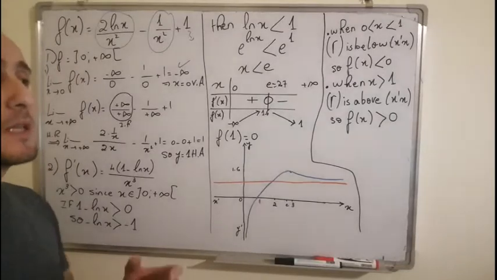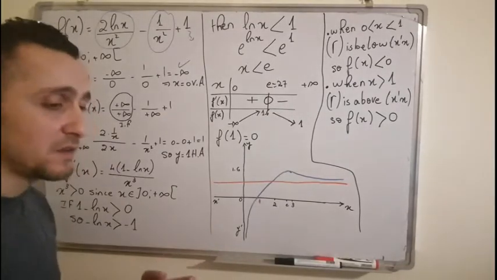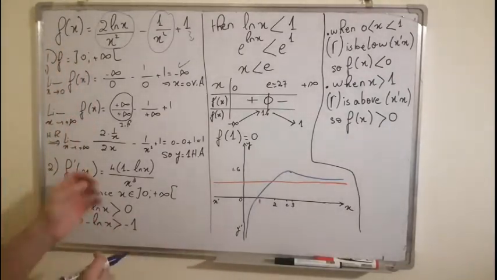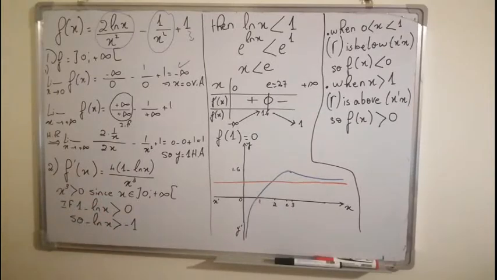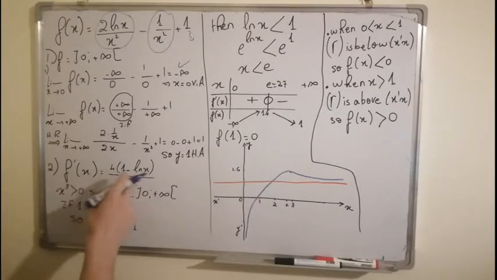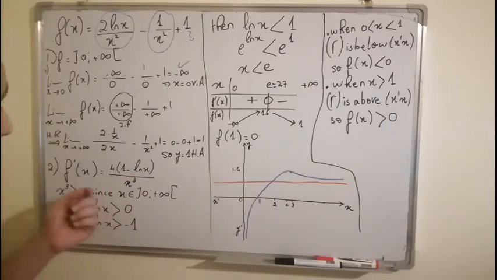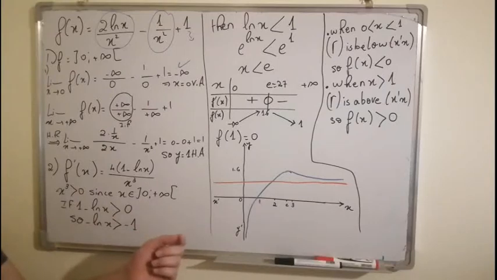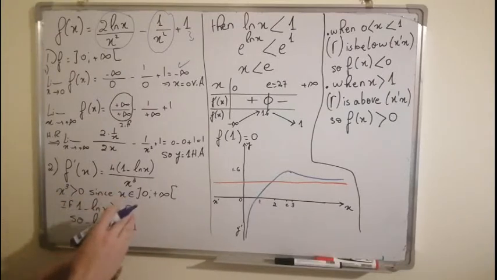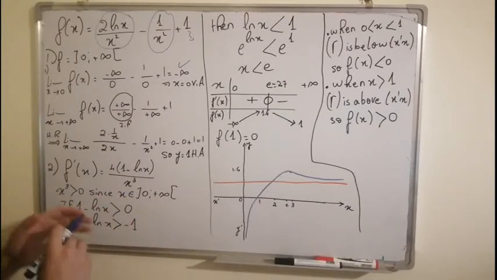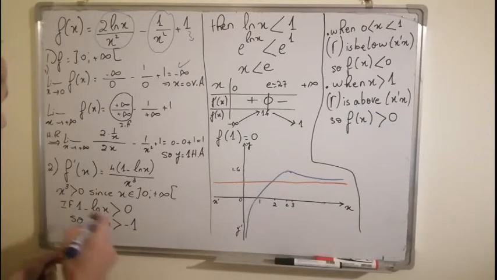To set up the table of variation of this function, we have to study the sign of the derivative. We remark that in the denominator we have the expression x cubed, and x belongs to 0 to plus infinity, so x cubed is positive. The question is, what is the sign of 1 minus ln x?